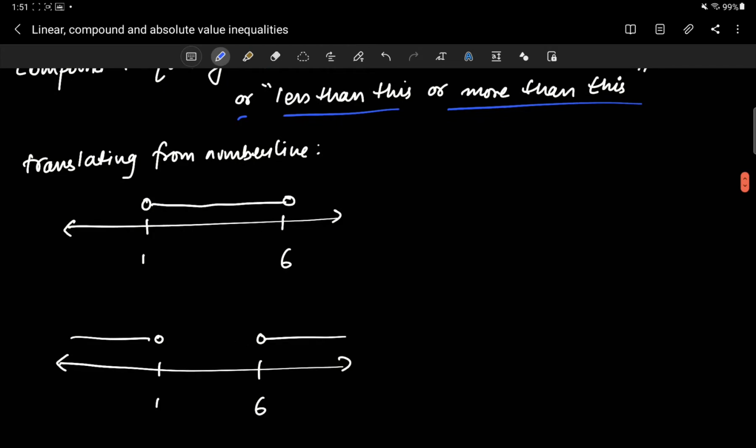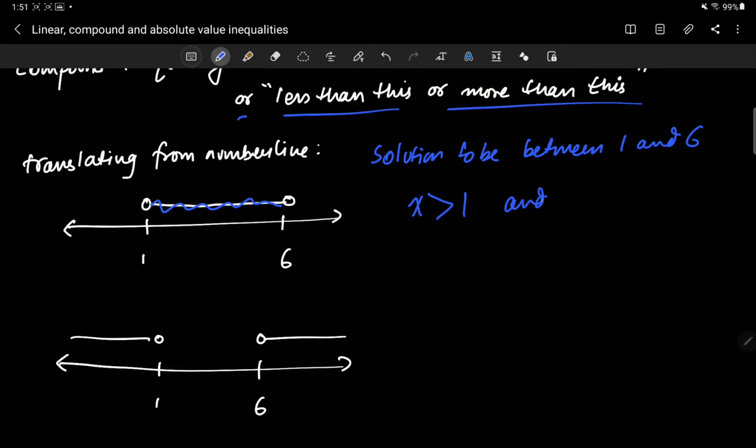For example, let's say I want my solution to be between 1 and 6. So one way to say that would be I want x to be greater than 1 and I want x to be less than 6.